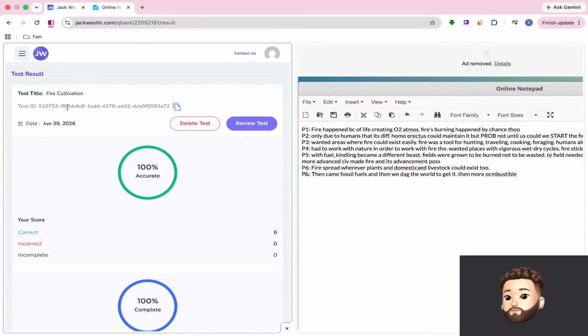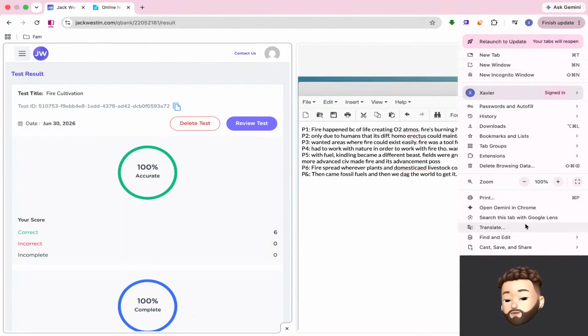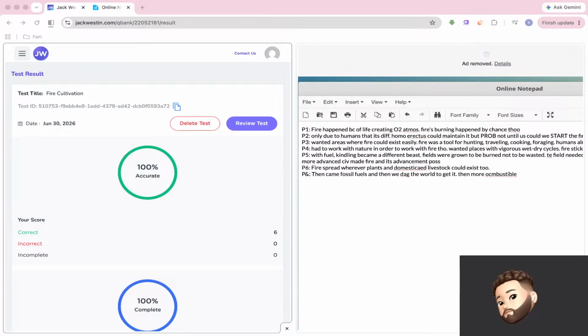All right, let me load up. Let me pull up your world. New window. Okay, your world. All right.